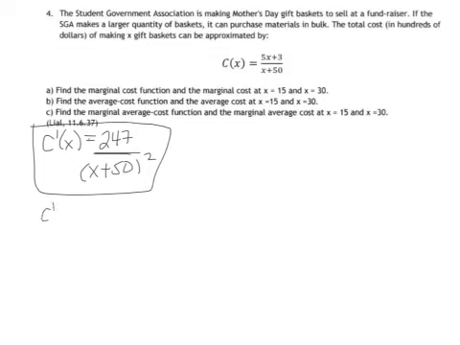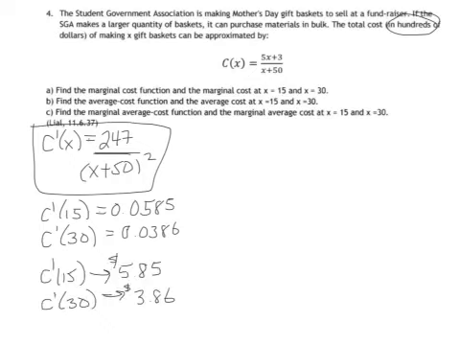So you would substitute 15 into that marginal cost function, and you would result in a value of 0.0585, and the marginal cost at 30 would be 0.0386. So you can see that the marginal cost, or the cost of producing one more basket, goes down when you are producing 30 versus when you're producing 15, and so on.